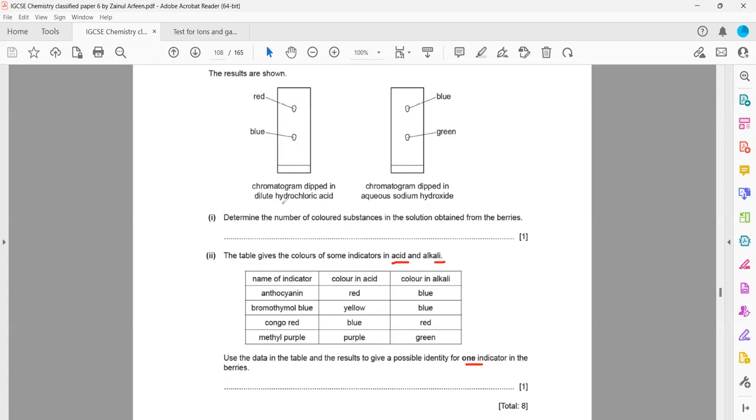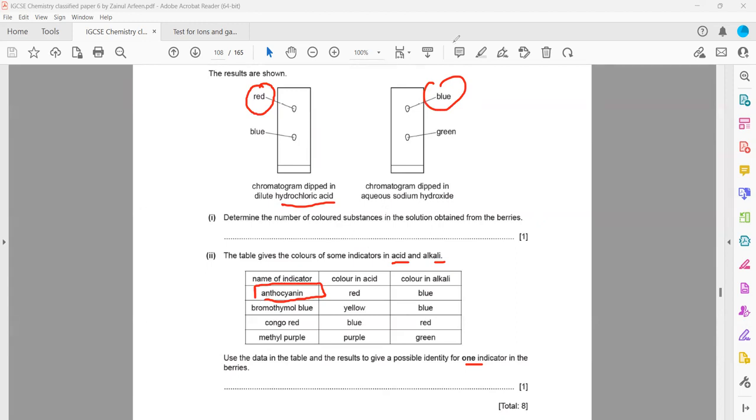In acid, did you see any red color? So there is a red color. Anthocyanin is blue in alkali, so we see a blue color in sodium hydroxide as well. So it means that the indicator is anthocyanin.